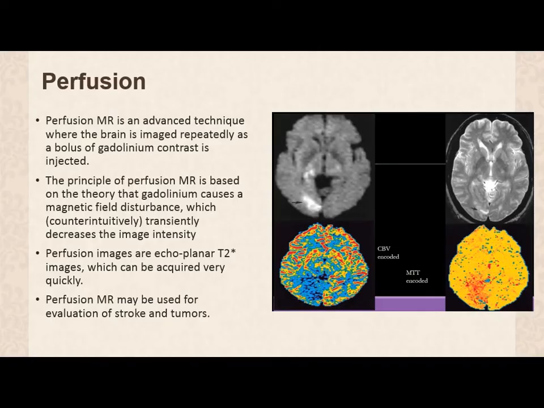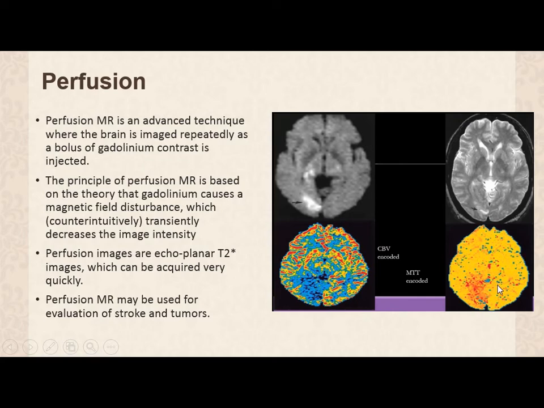Perfusion is a highly complicated MRI imaging sequence. It depends on the use of contrast, and seeing how much contrast reaches the brain in a specific amount of time, followed by post-processing by the computer producing these maps. For example, here is a cerebral blood volume demonstration.